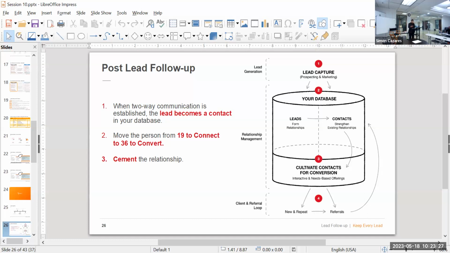All right, so we covered this part. What you want is to have all those 150 people you have in there being moved and cultivated.